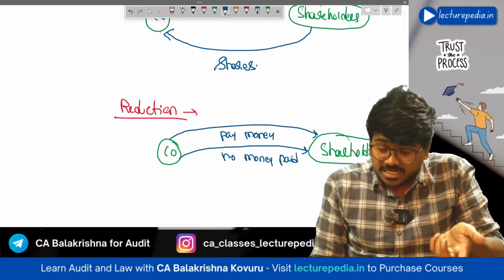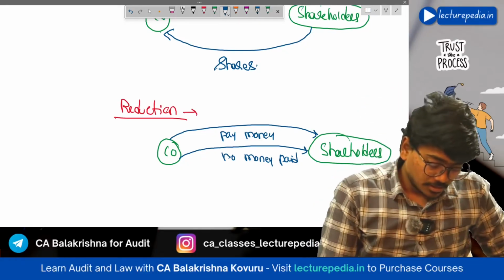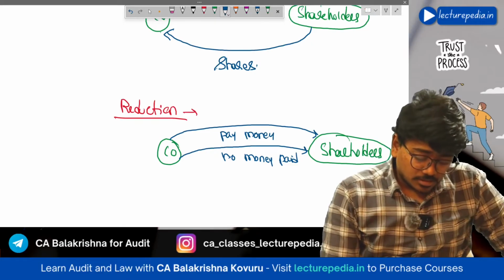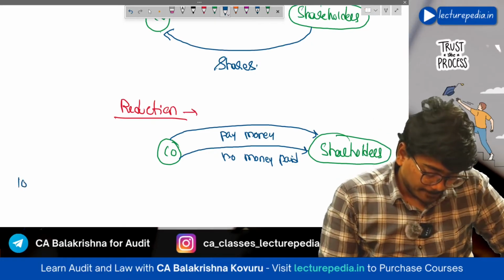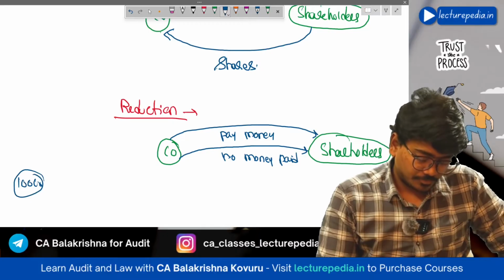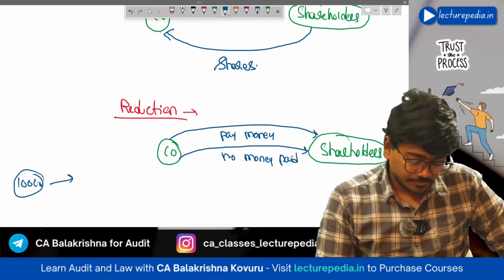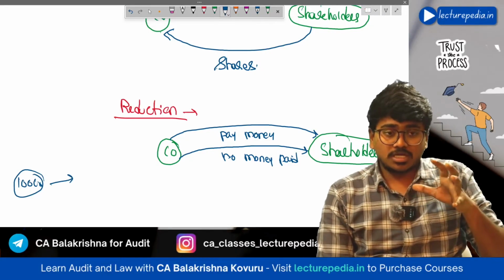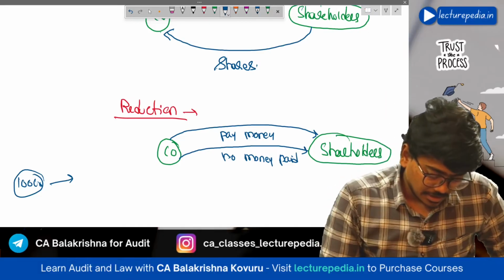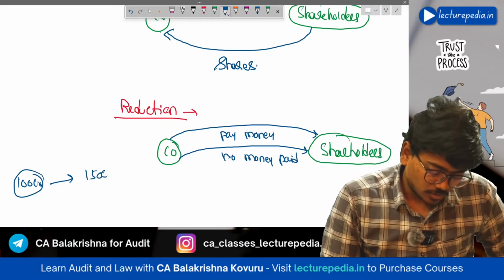Why? Let's say one situation, the assets of the company are 100 crore. Okay, but the shareholders' shares value is there, no? It is 150 crore.